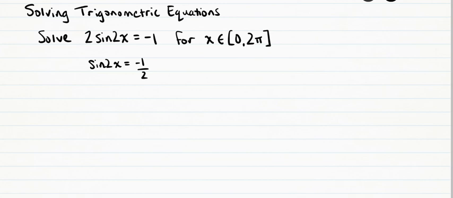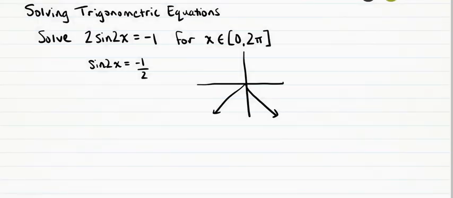On our Cartesian plane, the sine ratio is negative in quadrants 3 and 4, so we're going to have solutions in quadrants 3 and 4, again just considering this 2x as a single angle for the moment.